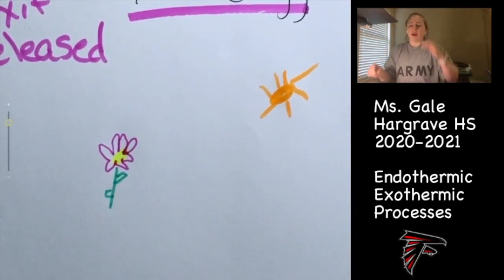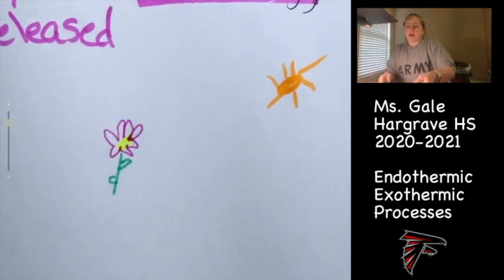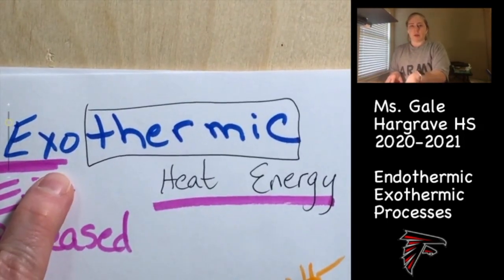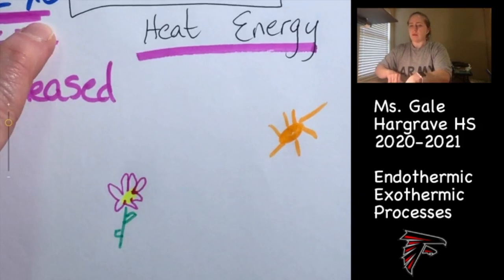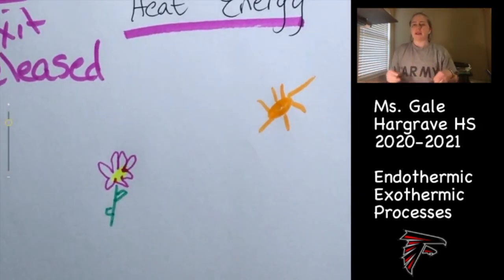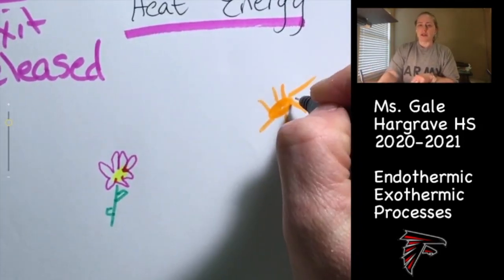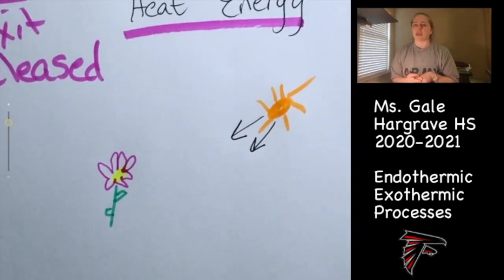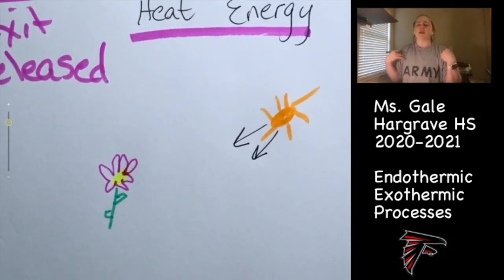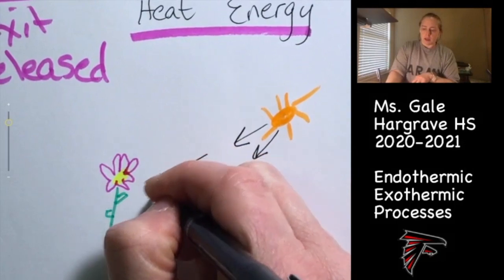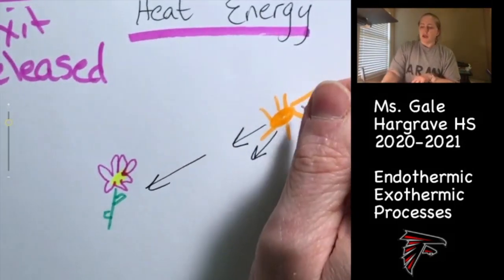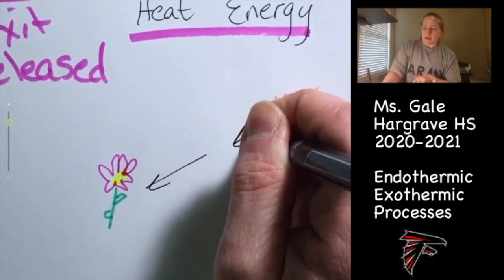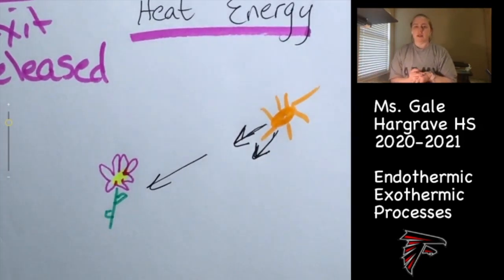All right. When we're talking about exothermic, we're looking at what is releasing the energy. In our picture right here, the energy is being released from our sun. It is exiting the sun to go into our flower. So it exits from the sun and thermal energy is released.